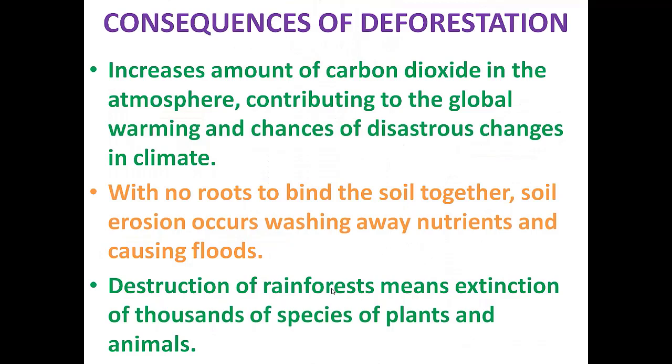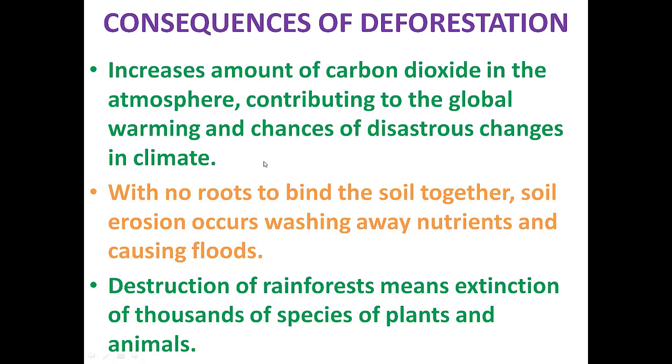And what are the consequences of deforestation? What happens as a result of deforestation? Let us see. The first consequence is increased level of carbon dioxide due to deforestation, causing global warming and the chances of disastrous changes in climate. The increased level of carbon dioxide in the atmosphere can cause global warming and serious changes in climate.